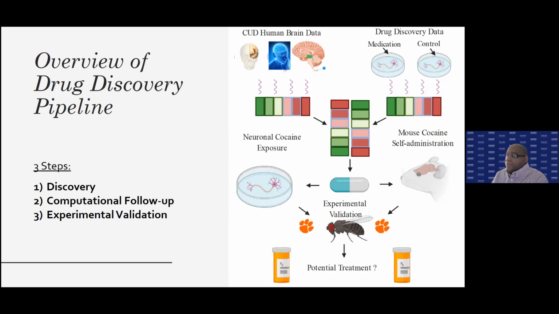For the mouse cocaine self-administration, we used the same brain regions as the humans, shown on the previous slide. For the human neuronal cocaine exposure data, we evaluated different doses and time points relevant to cocaine use. The last thing we did with our collaborators at Clemson was to follow up on the drug most relevant to our disease of interest, which I'll explain more as we go along.